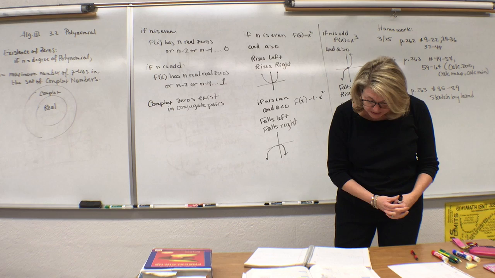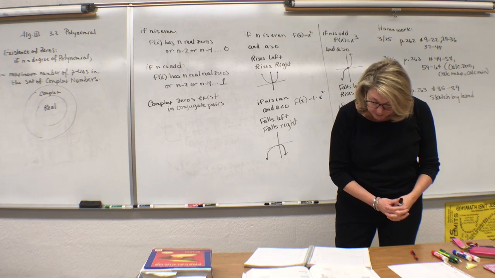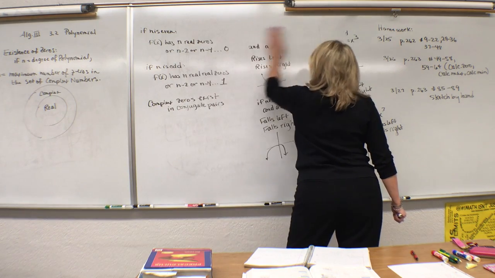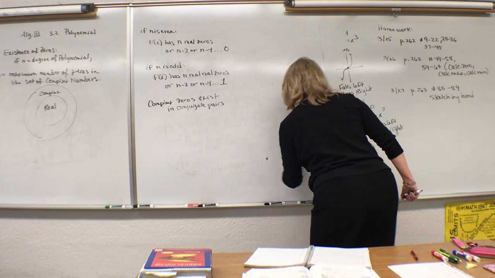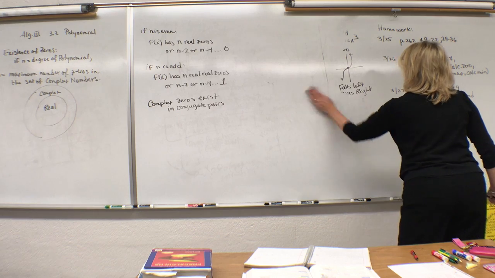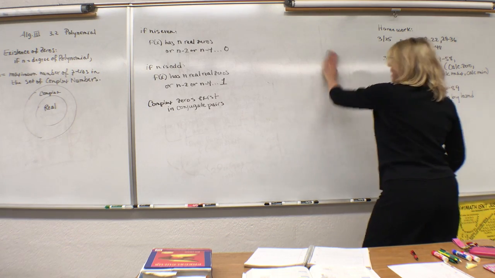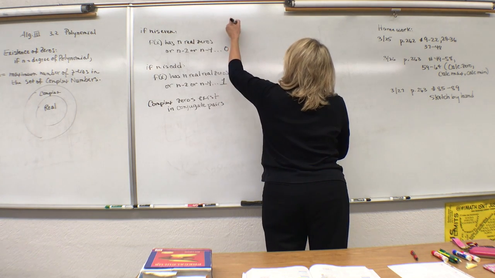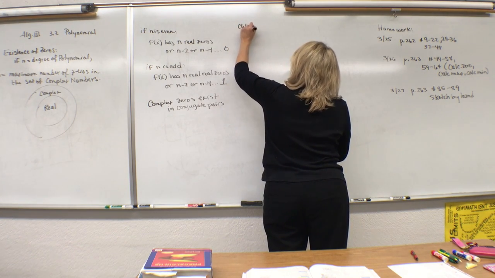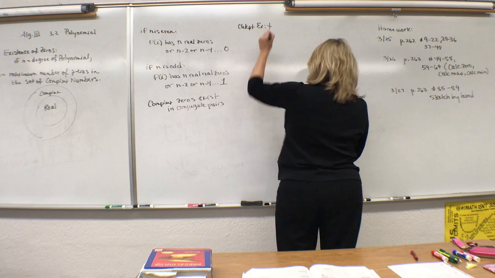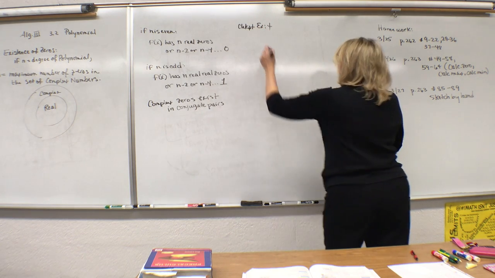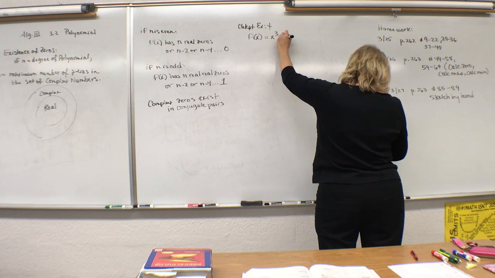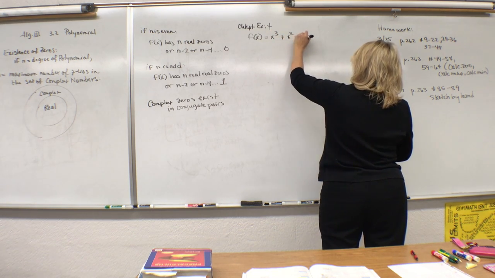So for example, let us take a look at the checkpoint for example number 4. It says f of x equals x cubed plus x squared minus 6x.